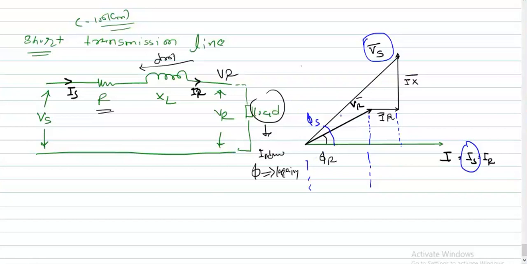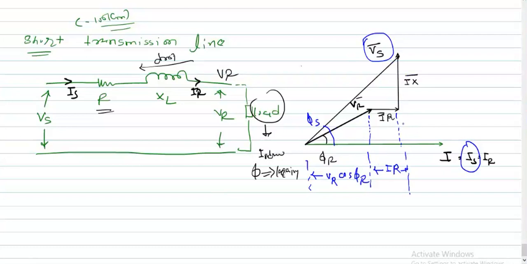Now let this magnitude be VR into, let's say, cos phi r, using this triangle. And this is actually I into R. Similarly, suppose I use this bigger triangle.